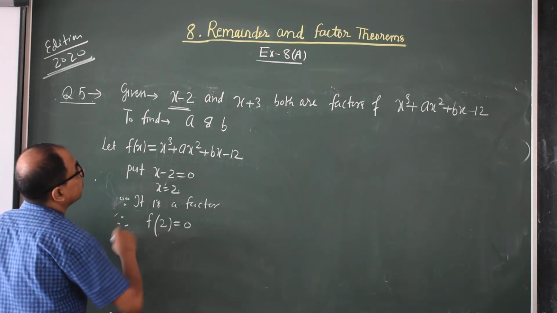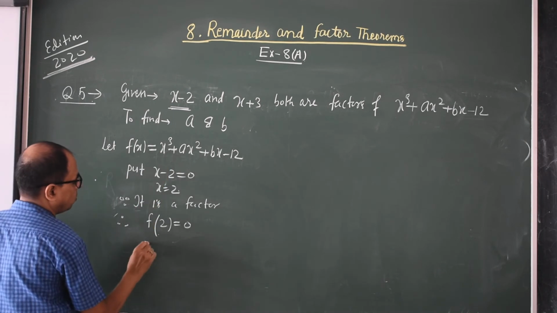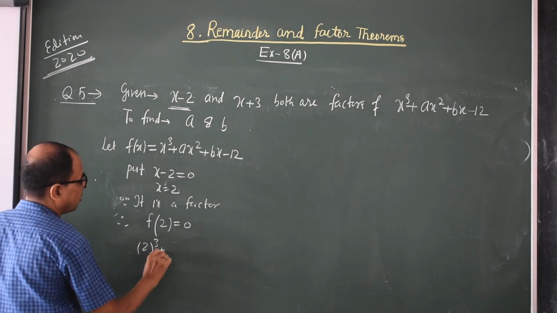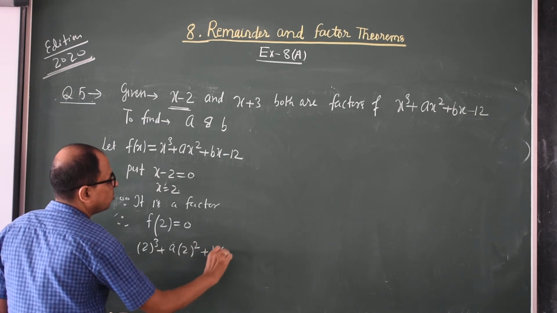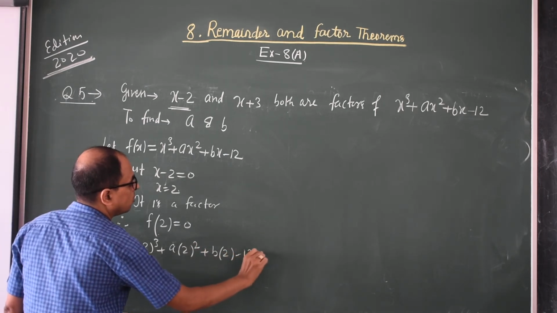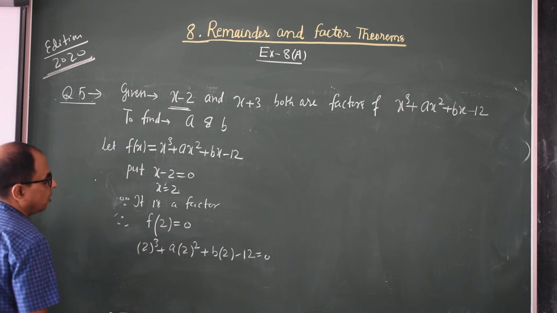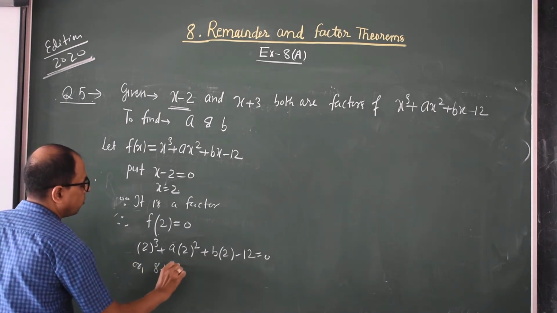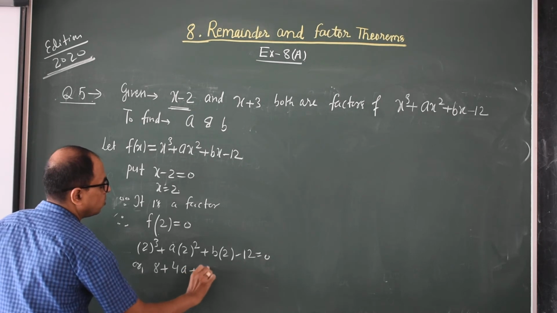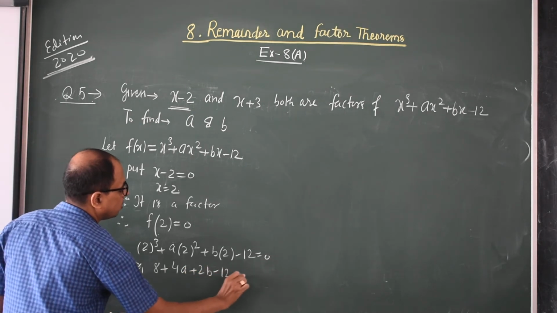Now f(2) is, put here 2 cube plus a into 2 square plus b into 2 minus 12 equal to 0. So from here you get 8 plus 4a plus 2b minus 12 equal to 0.